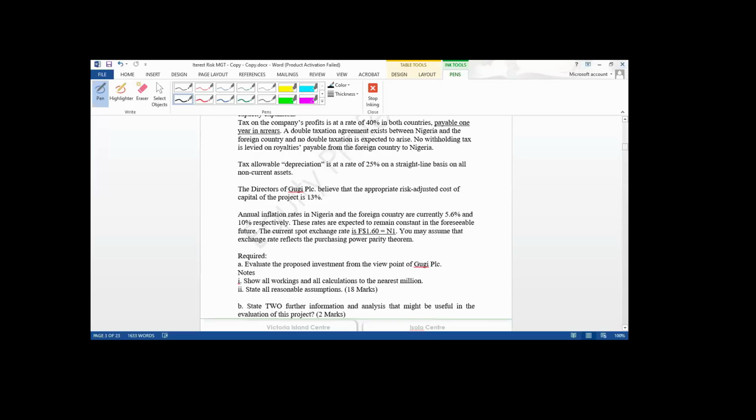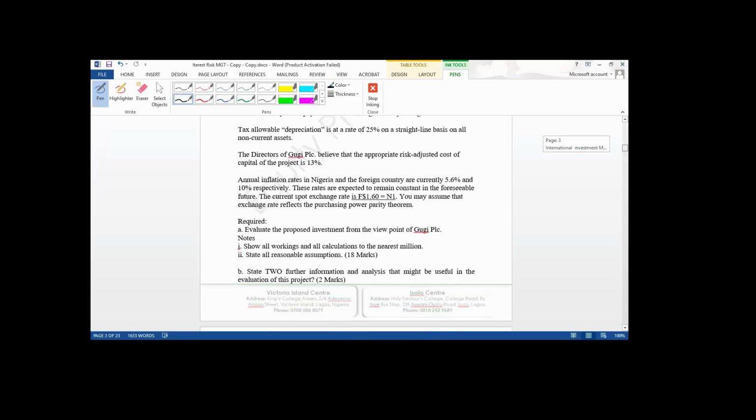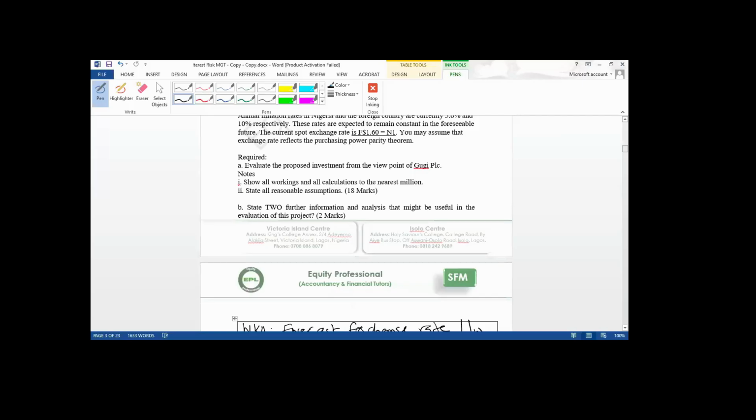One is, we have only carried out financial figures. Now, what are other things? 1, exchange rate risk. We have assumed that inflation will remain constant.